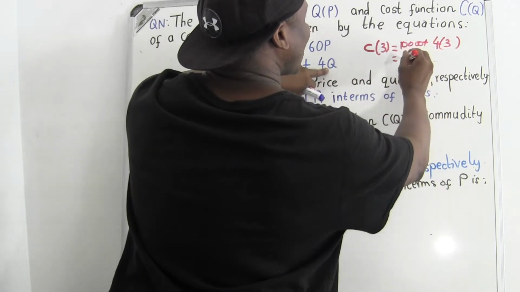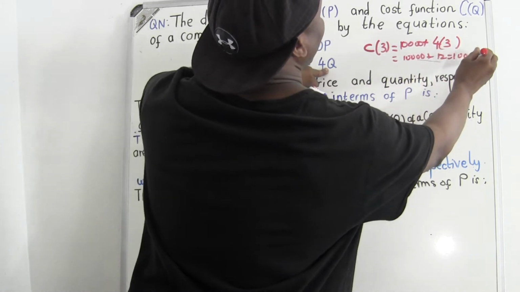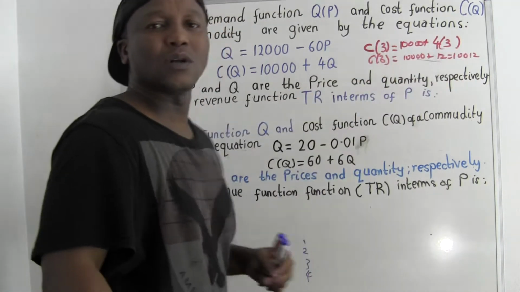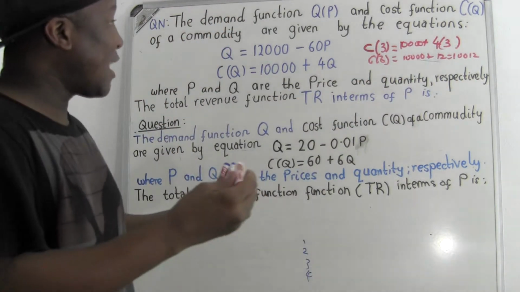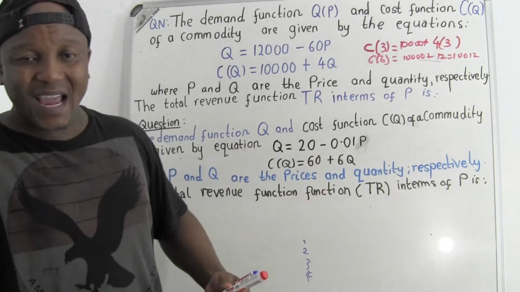Then you work it out: 10,000 plus 12, so the cost of 3 equals 10,012. That's the basics of a function: whatever you have depends on another one.